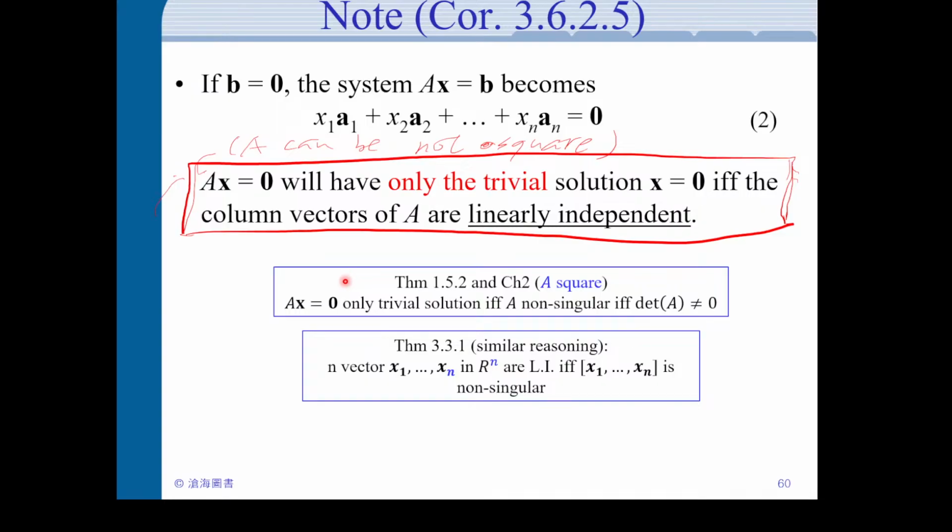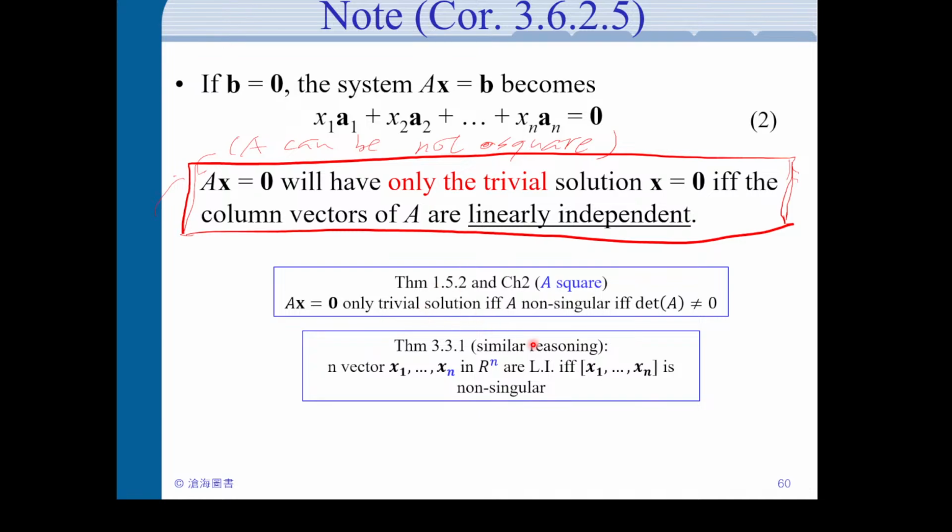If you string together theorem 3.3.1 and theorem 1.5.2, we have the same statement, but only for square matrices: x1 to xn are linearly independent if and only if Ax equal to 0 only has the trivial solution. Now we actually extend theorem 1.5.2: Ax equal to 0 only has the trivial solution if and only if the columns of A are linearly independent.